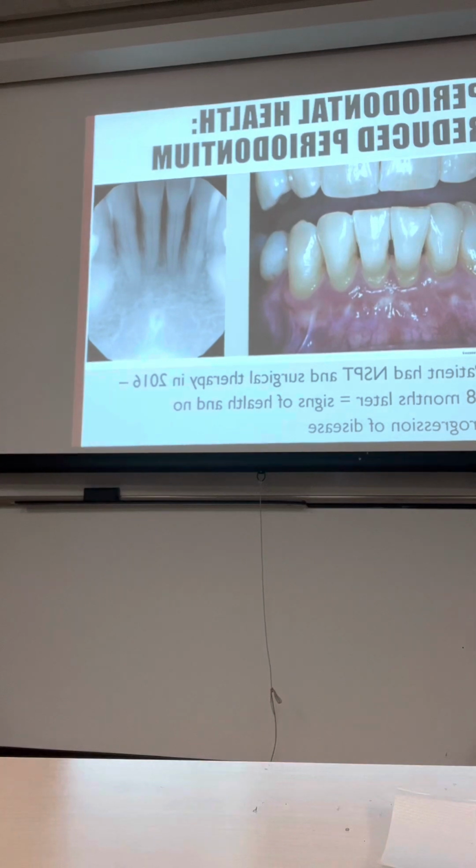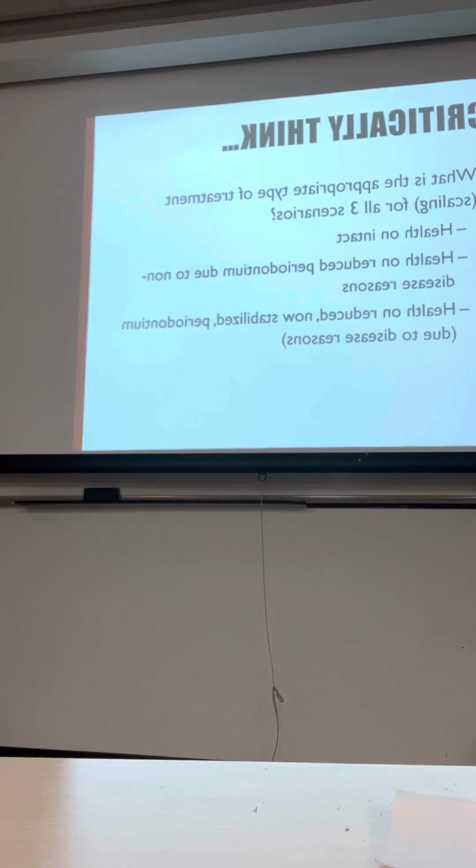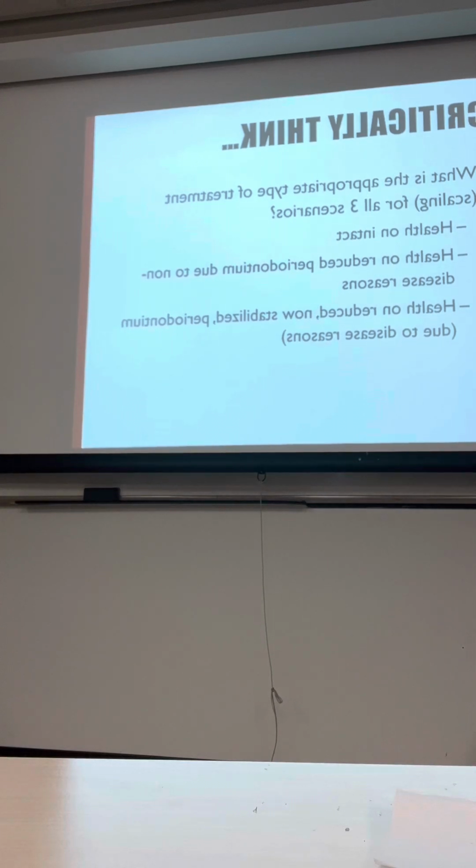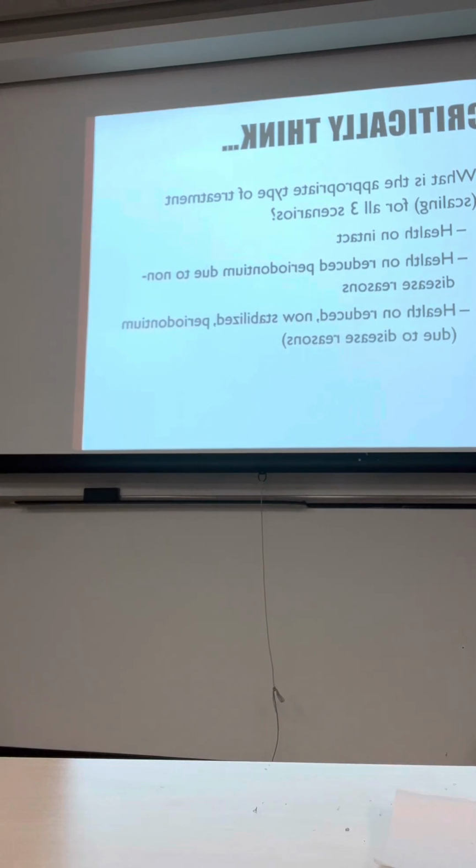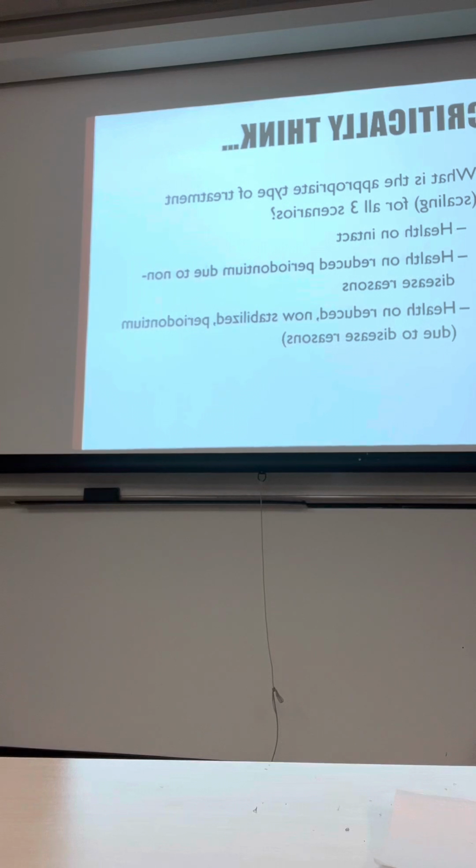All right, so I want you to critically think. This will apply to your treatment planning in clinic. How are you going to scale or treat this person, right? On each of these scenarios, how would you scale a healthy, intact patient? Prophy, exactly. What would you do for health on reduced periodontium due to non-disease reasons?